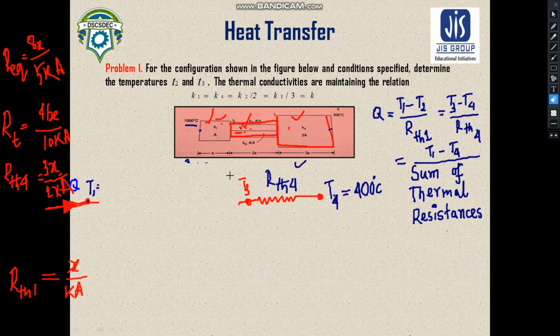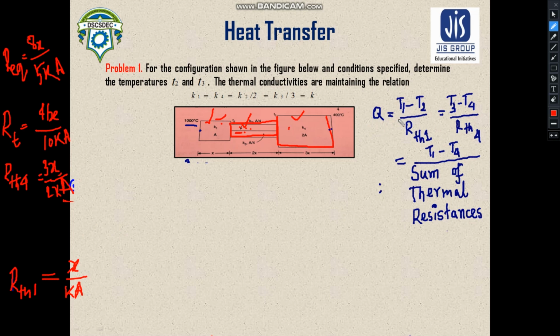Okay, let us remove this circuit. Now you know that Q is equal to T1 minus T2 by RTH1, because the same heat is flowing through the different walls. So this is your T1, this was your T2.